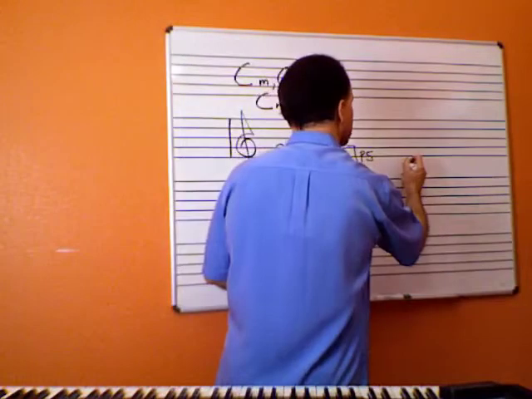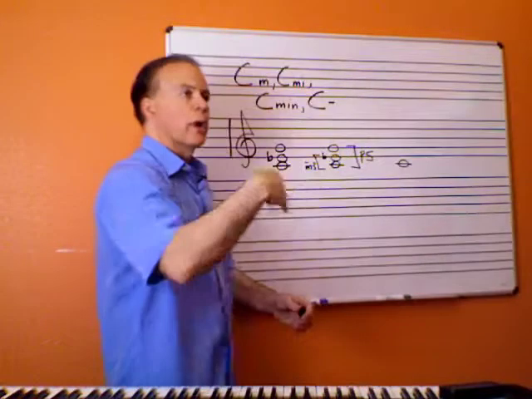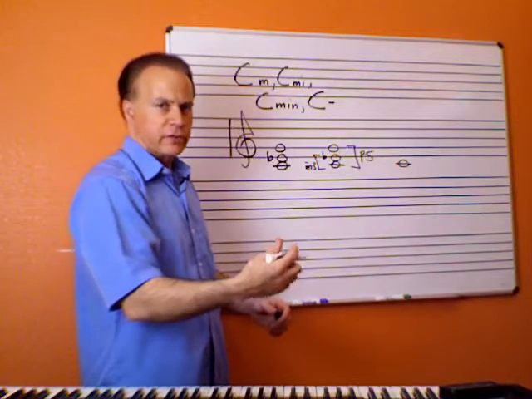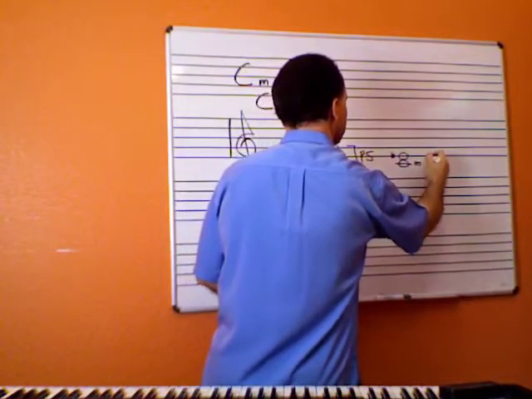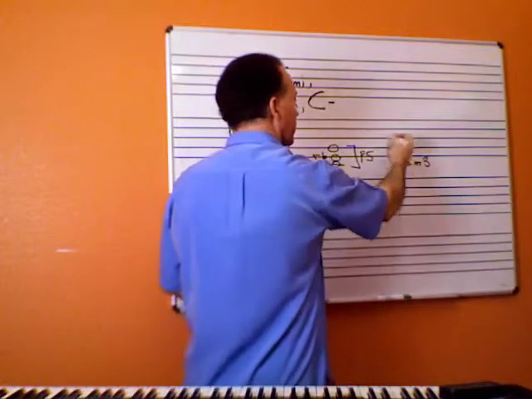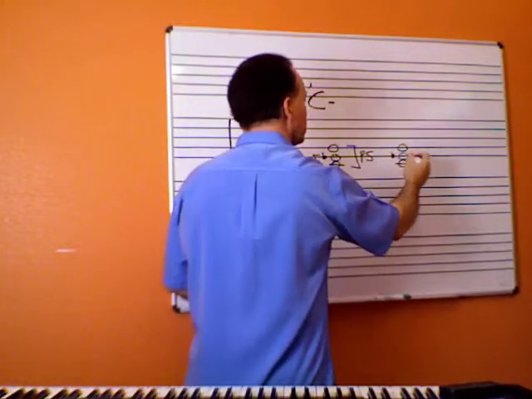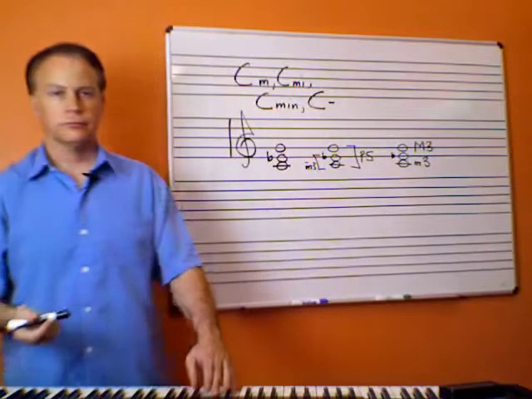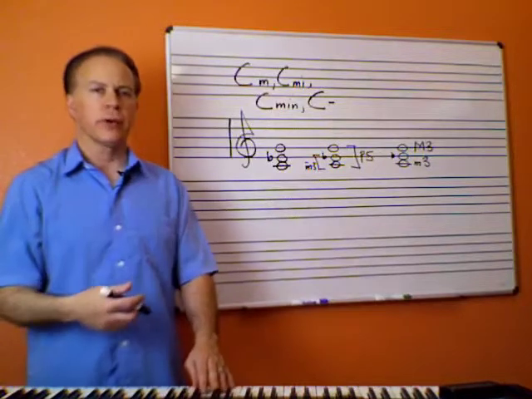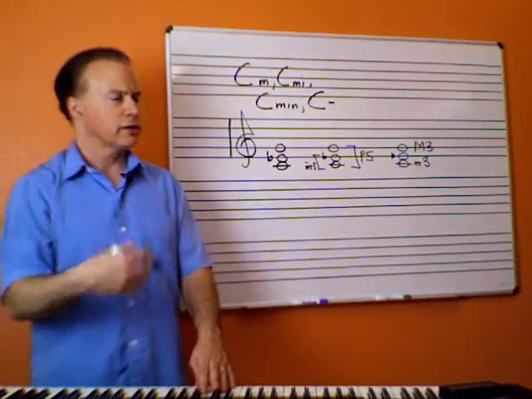Another way, that last way to think of it, would be what kinds of intervals are being stacked on top of each other. We have a minor third on the bottom of a minor triad, but a major third, E flat up to G, on top. There we go. Any of those 4 ways you think about how to build a minor triad, they'll all work.